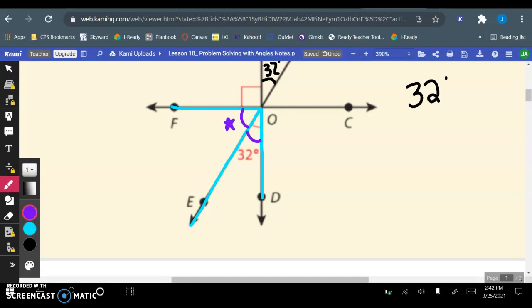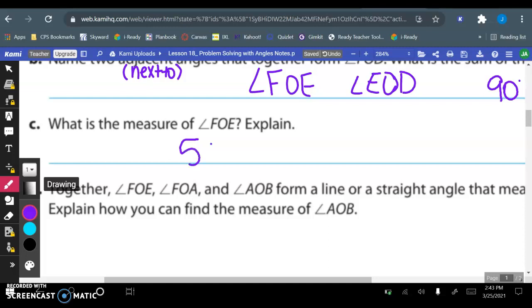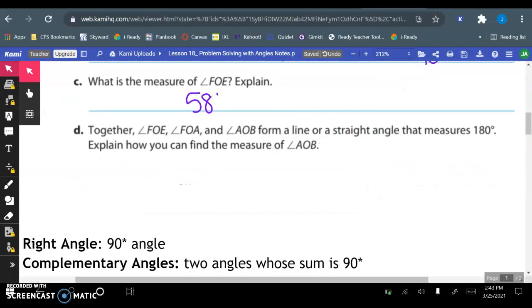And we know the smaller piece is 32. So we can do 90 minus 32, which would give us 58. So FOE is 58 degrees. And our explanation is that 90 minus 32 to figure out what is missing.